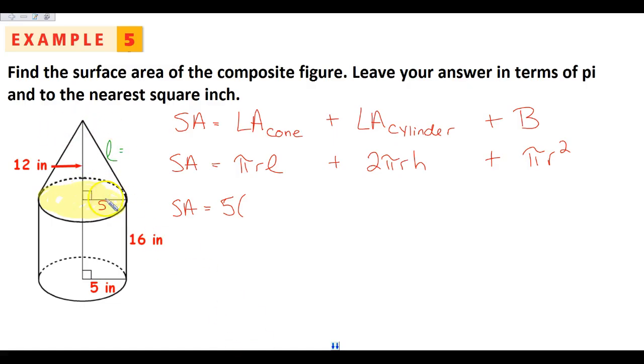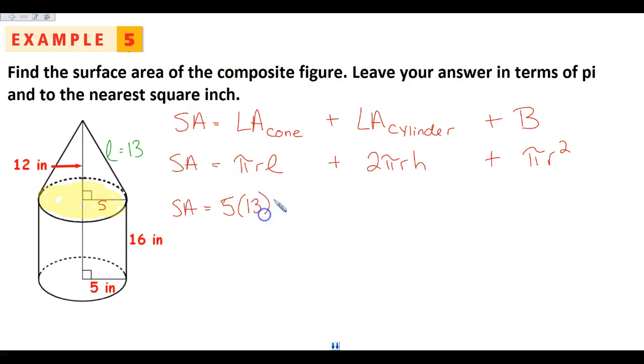Well, this is the same right triangle that was in example 3 on your paper, so we've already done this Pythagorean theorem. It's 5, 12, 13. So if you don't know how we got 13, go back to example 3, look at that Pythagorean theorem. That is where the 13 comes from, okay? So I'm just not going to do it a second time.